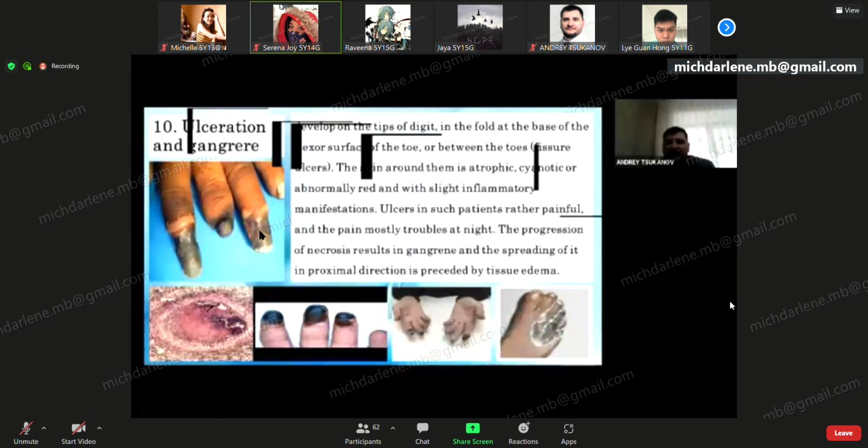The ulcer in such patients is painful, and the pain mostly troubles at night. The progression of necrosis results in gangrene, and its spreading in the proximal direction is preceded by tissue edema.